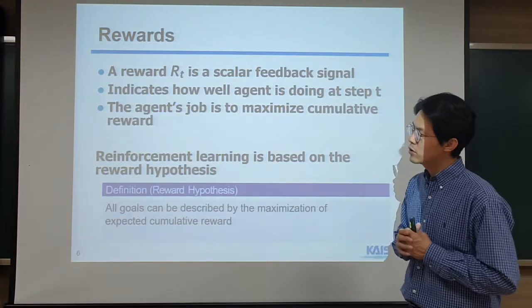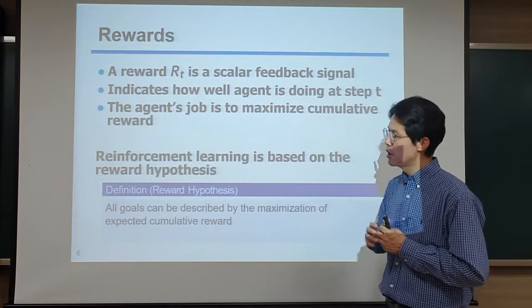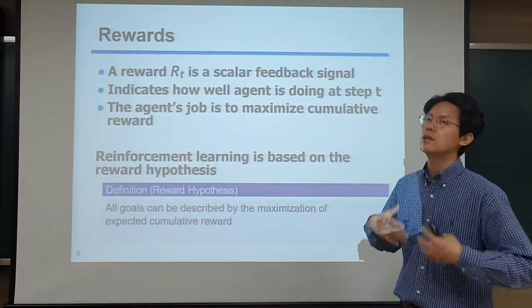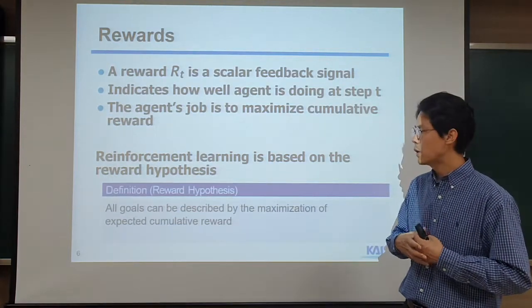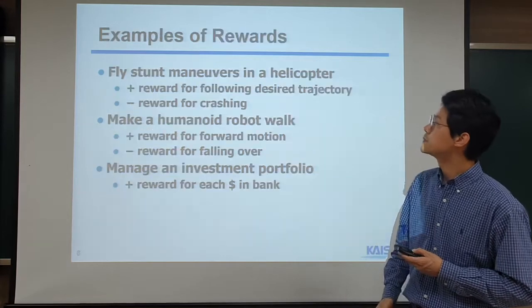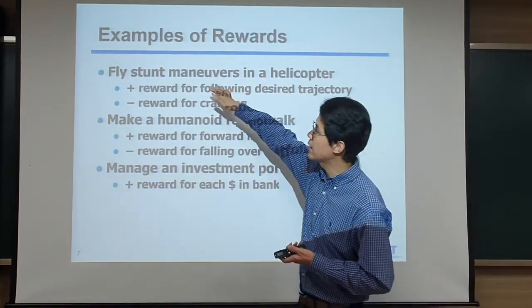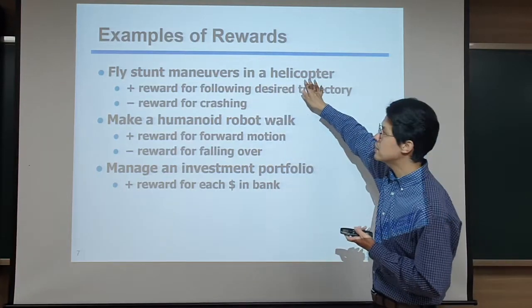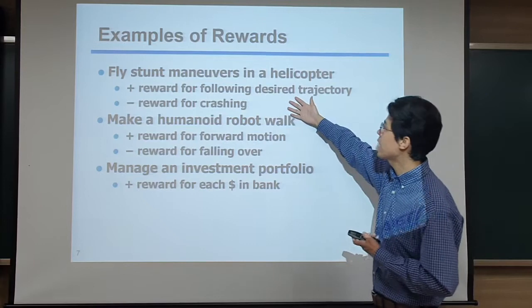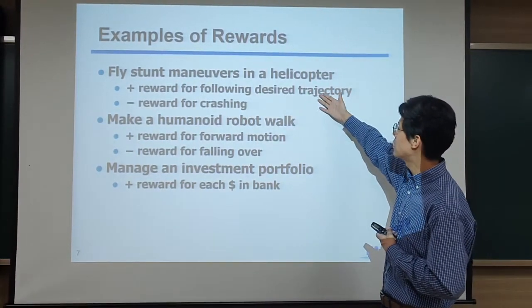But depending on your case, sometimes it's very easy to get this kind of reward. But in some tasks, we might not get a direct reward, so then we need to think about in what way we can get the appropriate reward. I talked about the flight stunt maneuver of the helicopter. In that case, we can give a positive reward for following the desired trajectory.